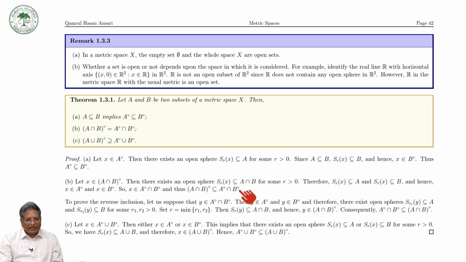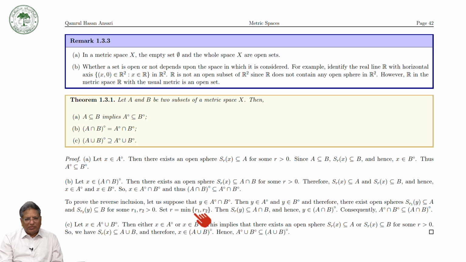To prove the reverse inclusion, let us suppose that Y is an element of interior of A intersection interior of B. Then Y is an interior point of A as well as an interior point of B. It means that there exist open spheres S_r1(Y) lying in A and S_r2(Y) lying in B for some r1, r2 greater than 0.